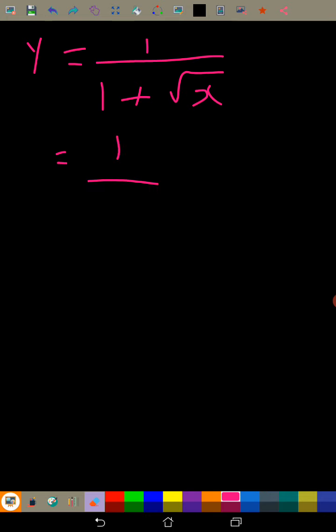And let's just do one last, just to make sure that we got it. So we have y is equal to 1 over 1 plus root x. So how do we solve this? Sounds difficult, right?